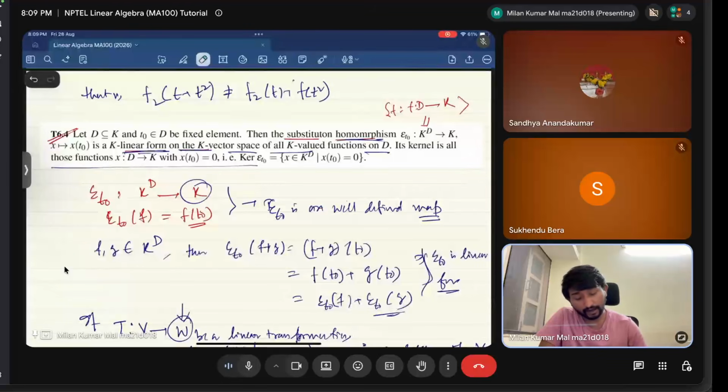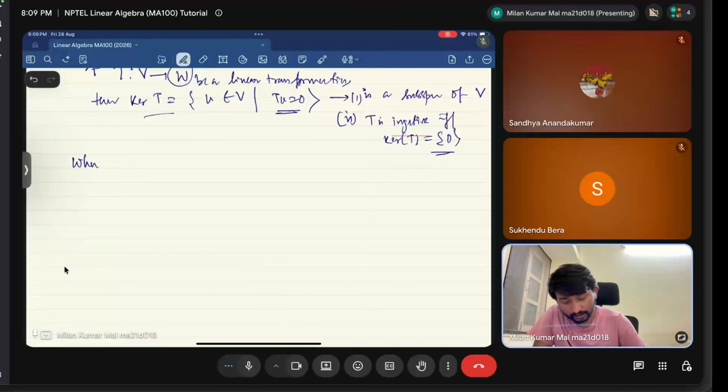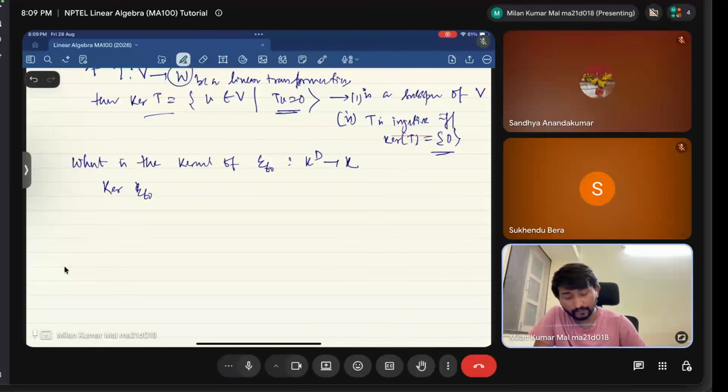calculate what the kernel is. Question is, what is the kernel of epsilon t naught, which maps from K^D to K? The kernel of epsilon t naught is equal to all those functions f from D to K such that f of t naught equals 0.